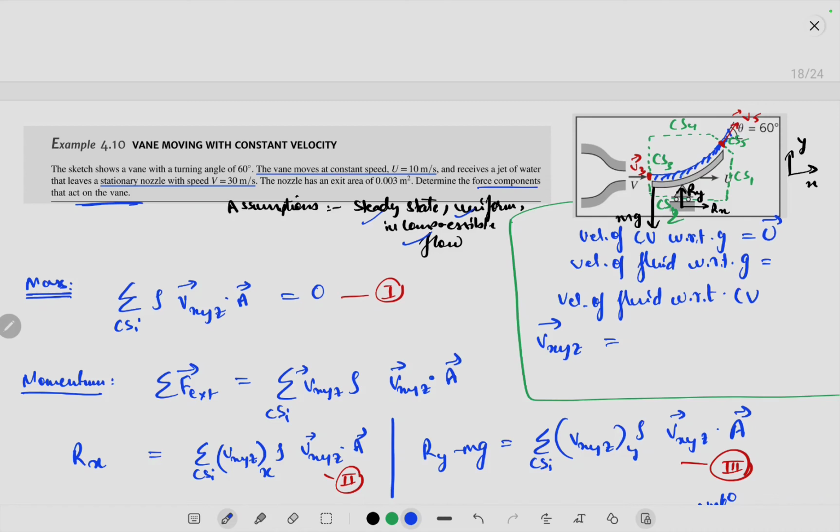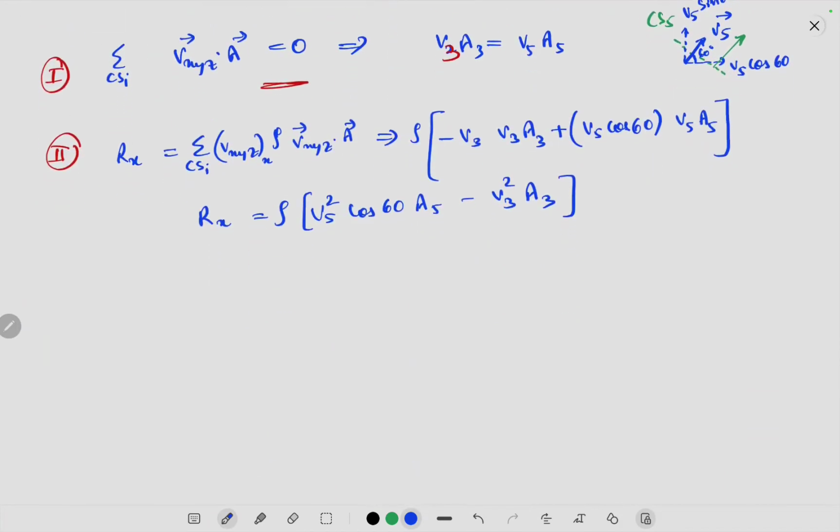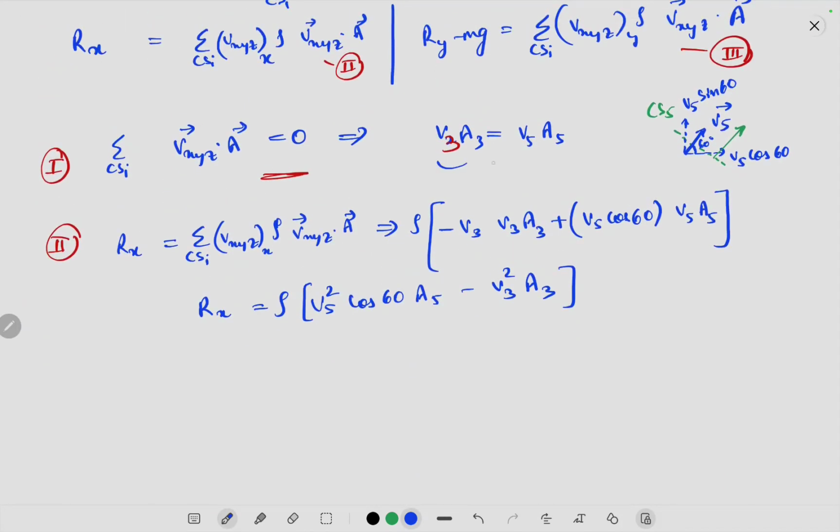Let's assume that the velocity at this point and the velocity at this point is the same, and if V3 is equal to V5, the areas will also be the same. So I can write A5 equal to A3 and V5 equal to V3.